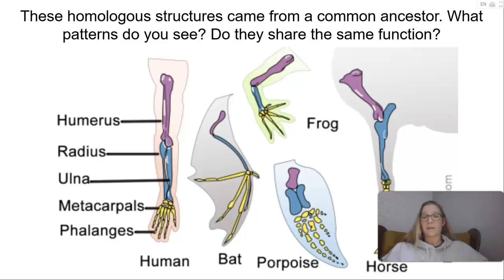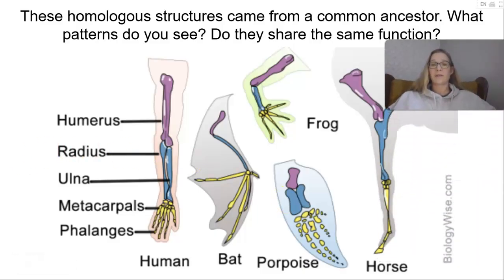These are considered homologous structures. Okay, so if you look at them, take a few seconds to look at these, a few minutes maybe. We have the human arm, a bat wing, frog arm, a porpoise flipper, and a horse's hoof.